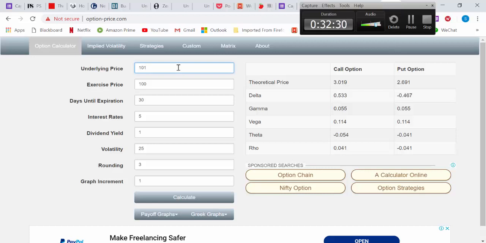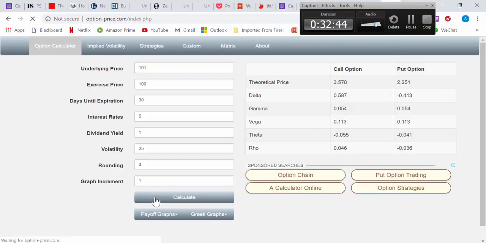So I am guessing that when I hit the calculate button, the price would be approximately 355, somewhere around there. 358, just a little bit out.